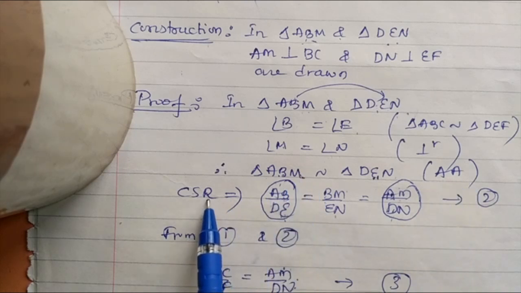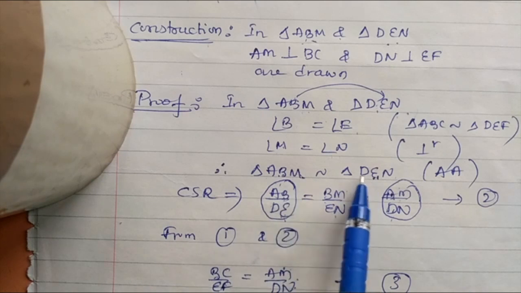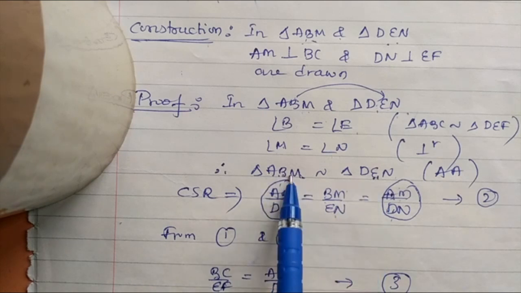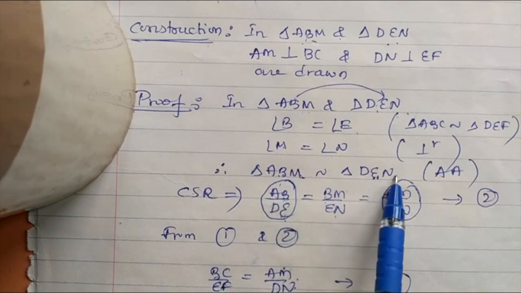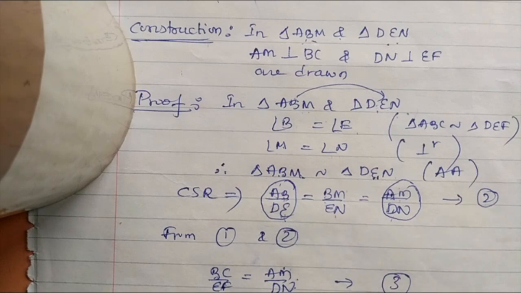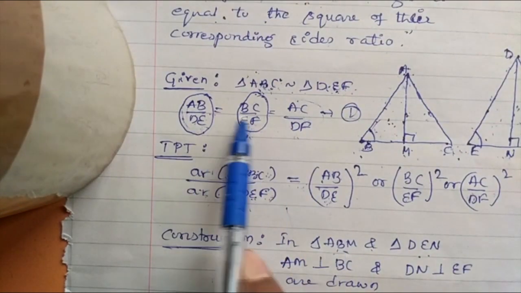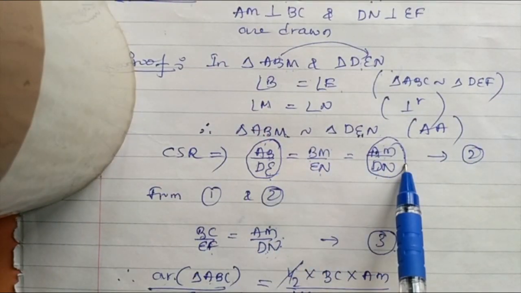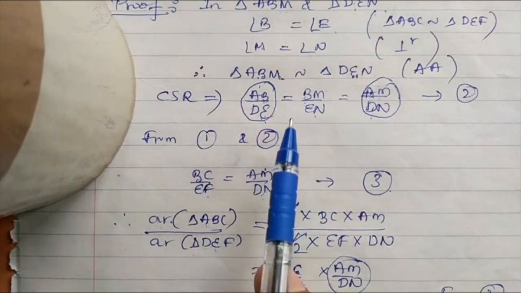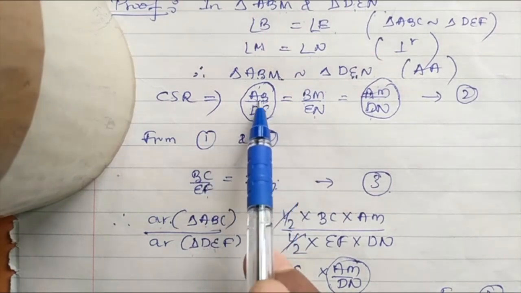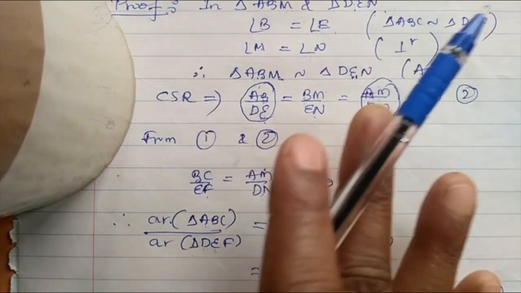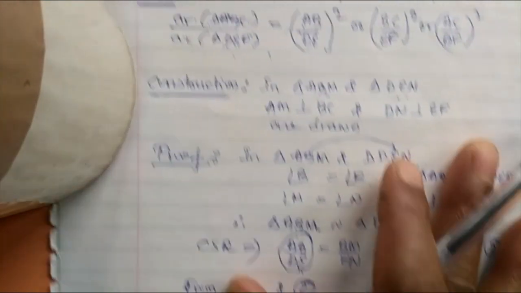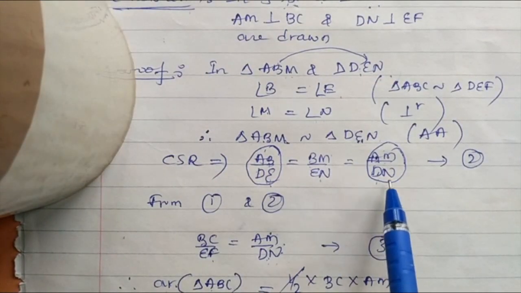Let us write the corresponding sides ratio for the two smaller triangles: AB by DE, BM by DN and AM by DN. Write this as equation 2. Already for the bigger triangles we wrote the corresponding sides ratio as equation 1. Now for the smaller triangles we also wrote the corresponding sides ratio. When we tally equations 1 and 2, AB by DE is common in both, and here AB by DE equals AM by DN.